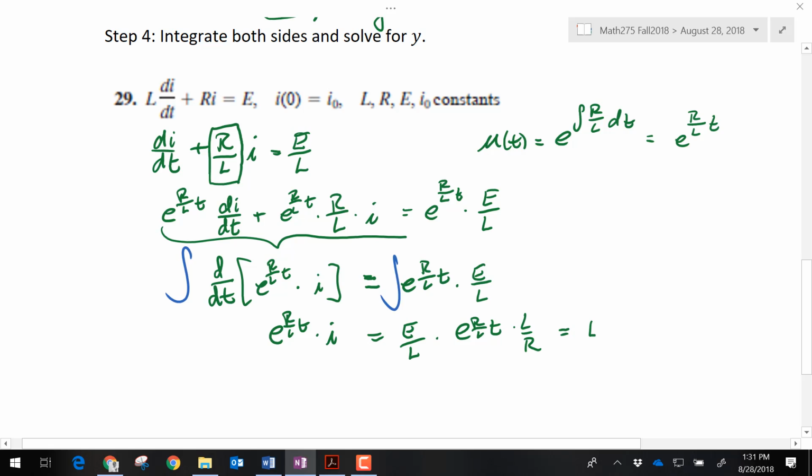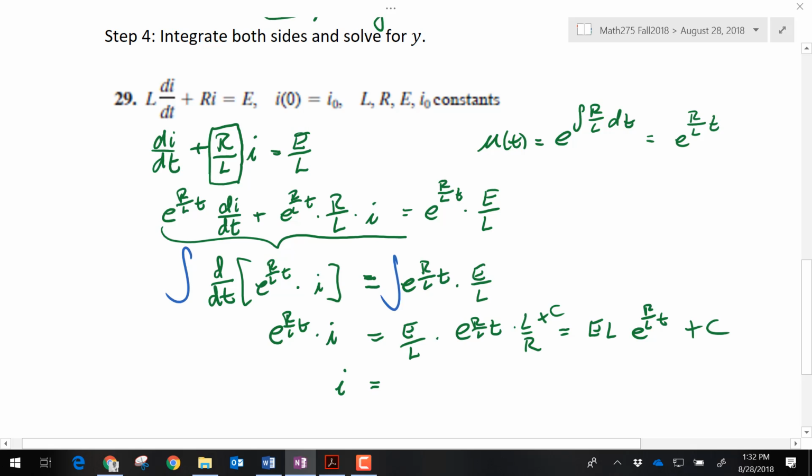So we have E times L, e to the R over L times t. And then the last step is to solve for the dependent variable. Oh, there's a plus C here, sorry.